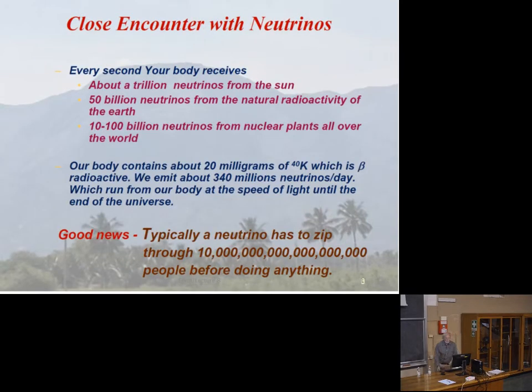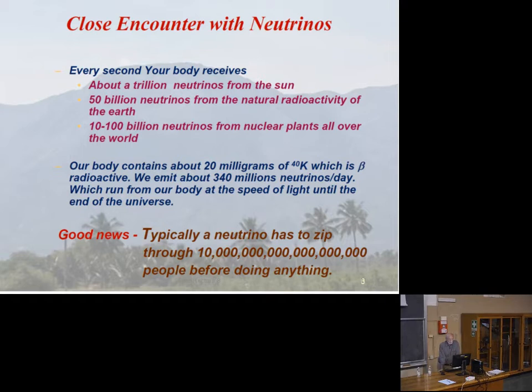Again, just to look at the whole picture, every second our body receives something like 1 trillion neutrinos from the sun, 50 billion neutrinos from just natural radioactivity from the Earth, something like 10 to 100 billion neutrinos from all the nuclear plants that are in the world.